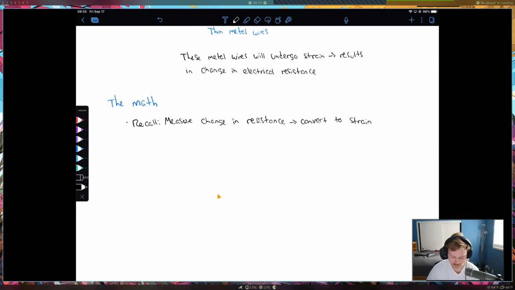So the resistance of our wires, we can write that out as R for resistance. That's going to be equal to the resistivity of the wire multiplied by the length of the wire, all over the cross-sectional area of the wire.